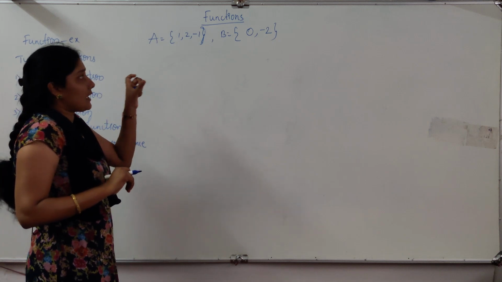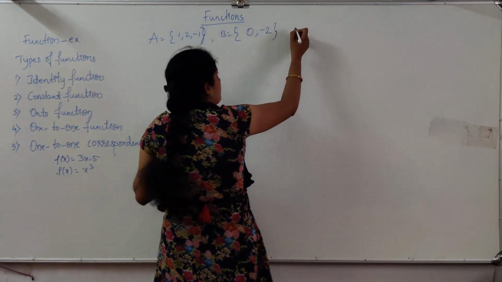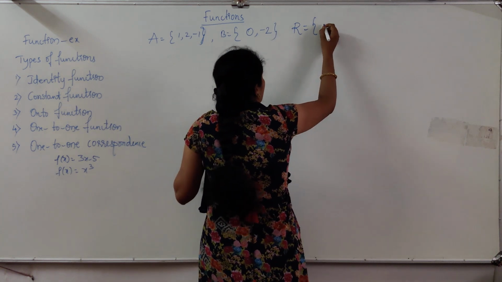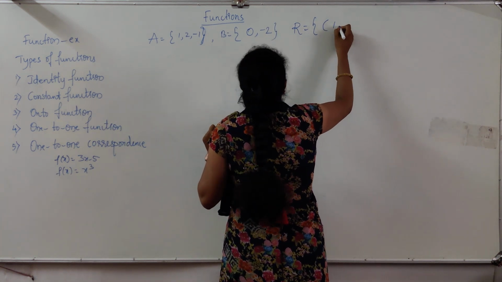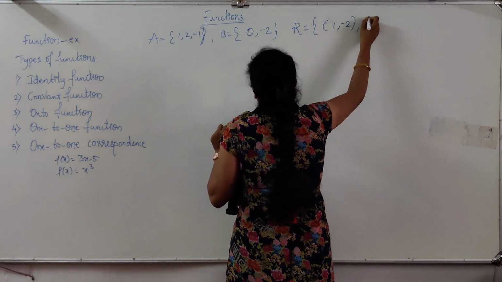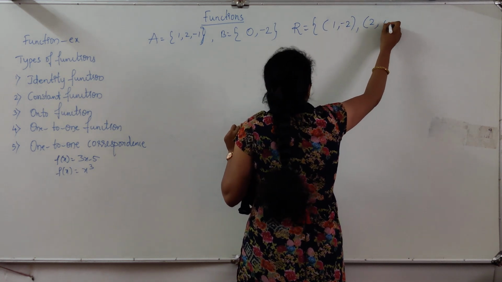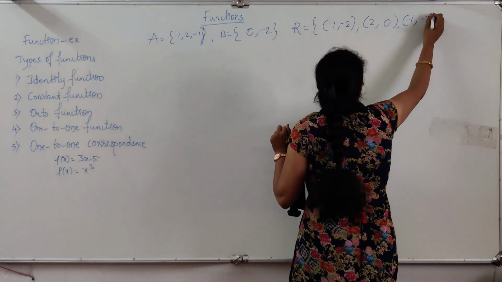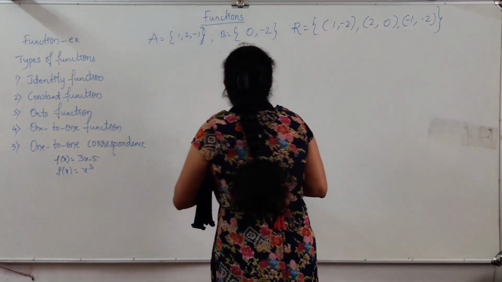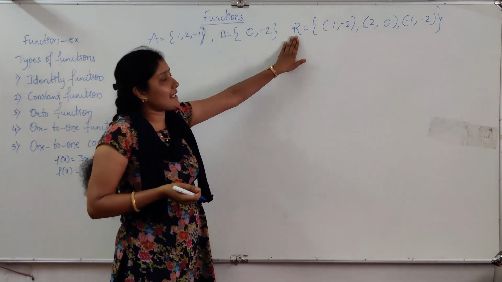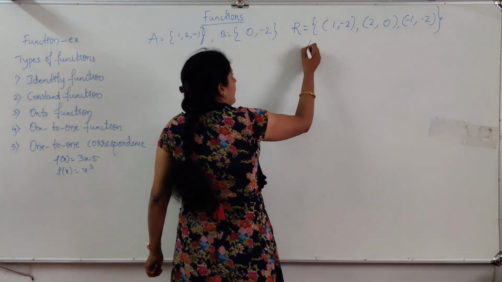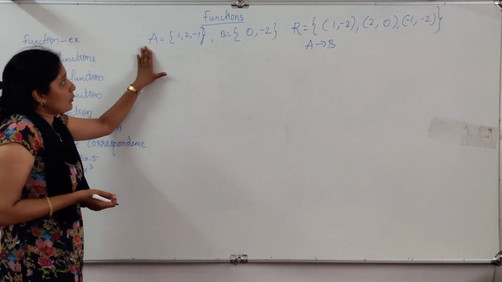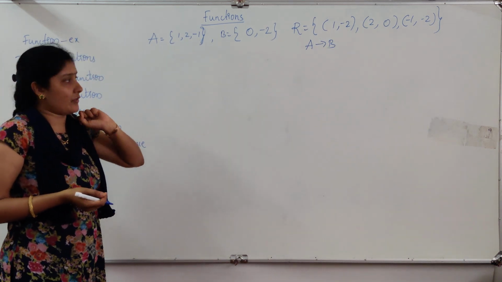Now, the relation is represented as R = {(1, -2), (2, 0), (-1, -2)}. So here R is nothing but the relation from A to B. Now, how to represent this using the function?